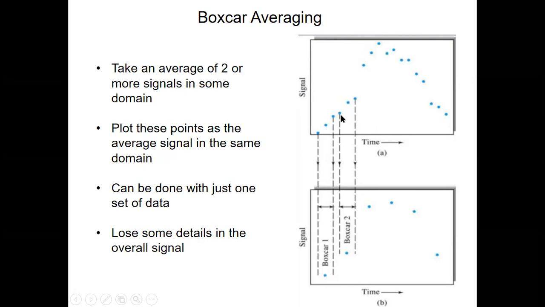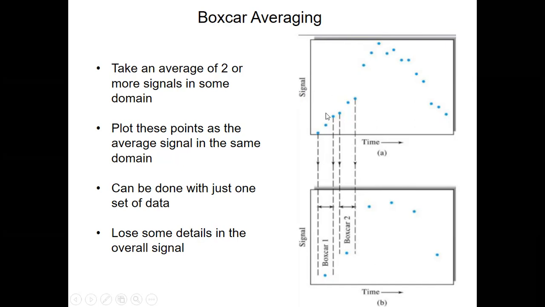And for the second 3, 4, 5, and 6, we take the average of these 3 and plot it here. Similarly, do the averaging of all the data points throughout the spectrum and replot it in another graph, but the domains should be the same.